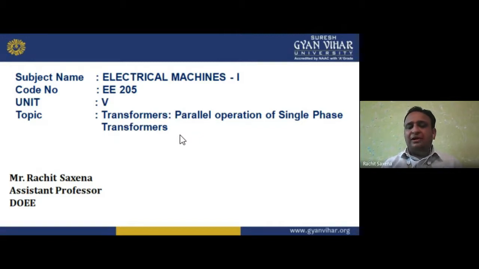Generators have become obsolete nowadays, because if we want DC supply, we use a rectifier and convert AC into DC directly, and then we can use that DC output wherever we need it.